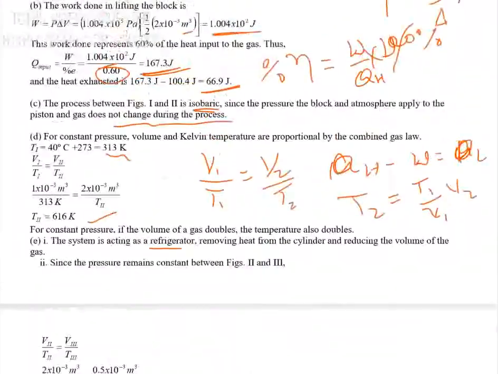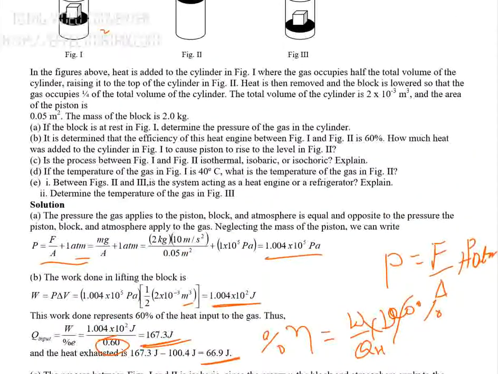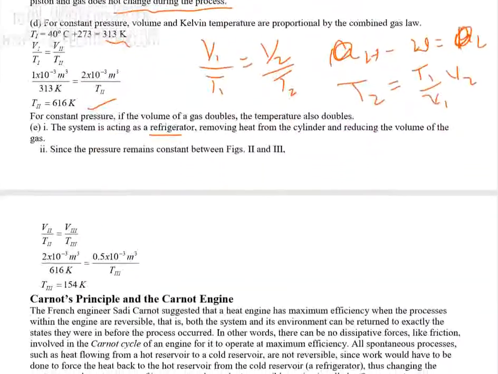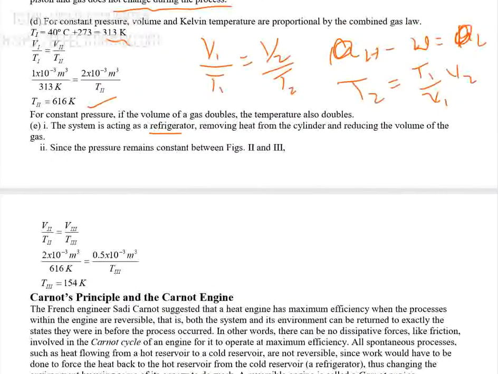In the third system, initially at this point the heat energy is larger, and at this point heat energy is decreased. The volume is decreased. Therefore, it removes heat energy. Since it removes heat energy and reduces in volume, it's acting as a refrigerator.